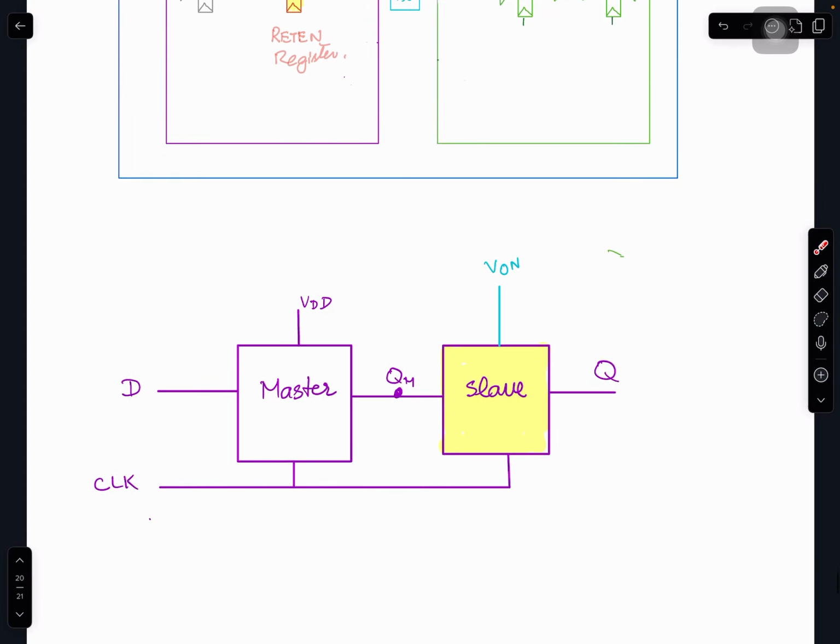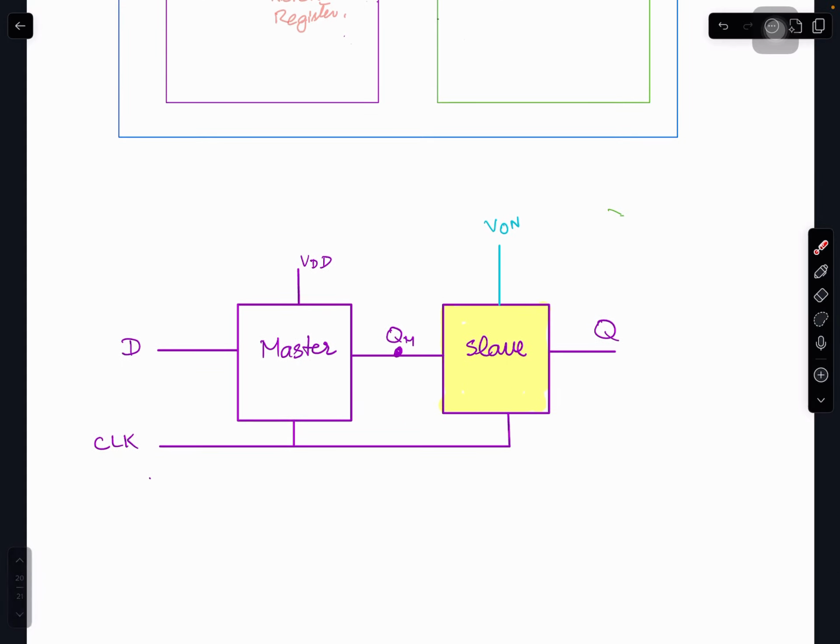These are specially made registers. A register has a master and a slave: you first write the logic level here, then on the next level it comes here, and you read from here to the output. That's why it appears as if you are reading on the edge, but actually you are writing and reading on the levels. Remember the flip-flop master-slave structure?